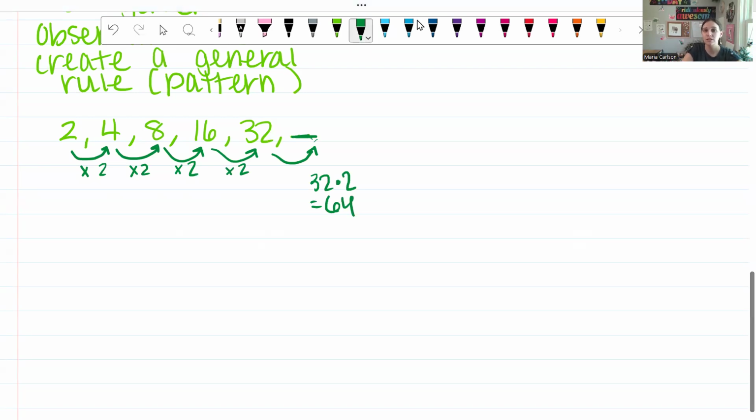You also can use inductive reasoning with visuals. So maybe I have a singular dot, and then I have 2 dots with 1 on top.